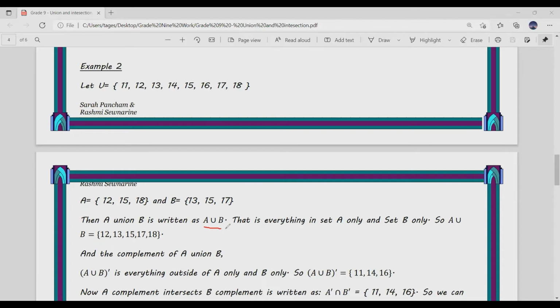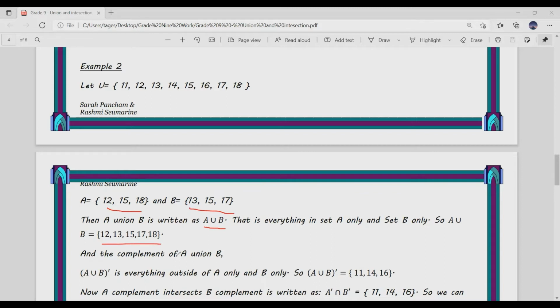A union B is written as A with the symbol that looks like a U, and then B. We say that is everything in set A only and B only. So A union B is equal to everything here, and as you can see, it's written here.